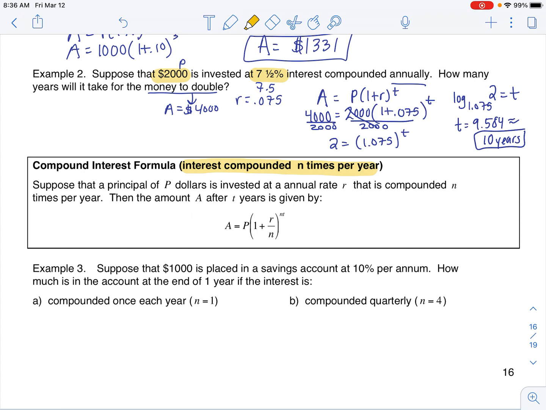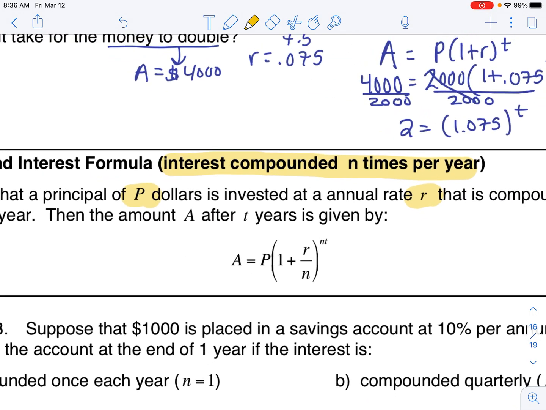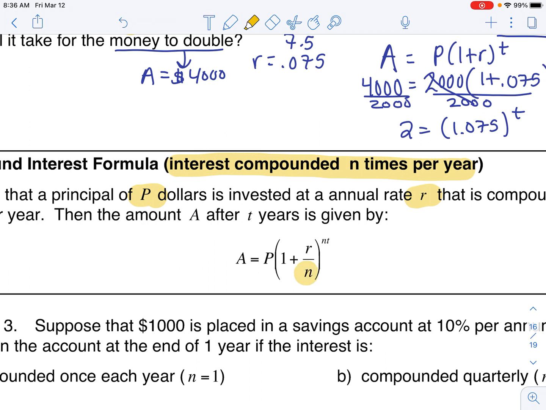Okay, so we still have that annual rate R, we still have principal P, but now it's being compounded n times a year. So what's going to happen with our formula is going to change a little bit, and what's going to happen is you're going to have to take R divided by n here, and then up here it's going to be n times T. Again, this is n times a year.